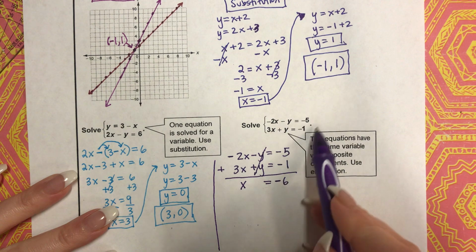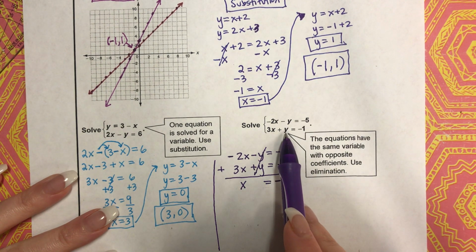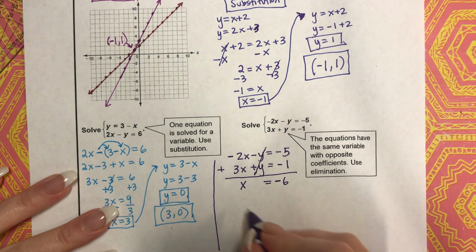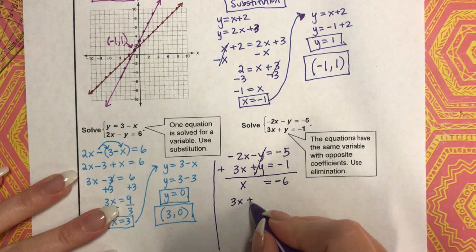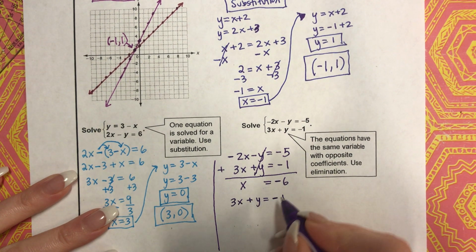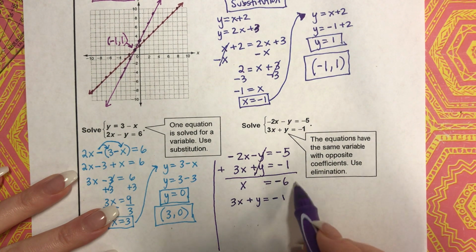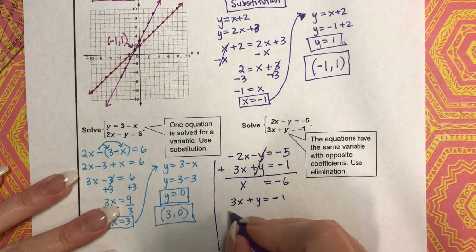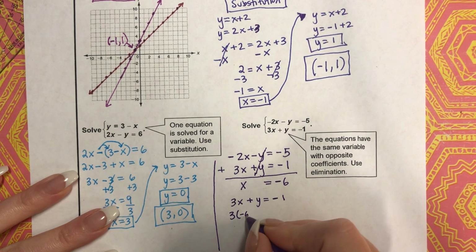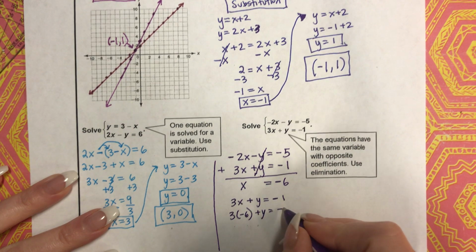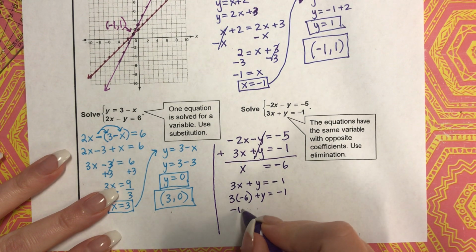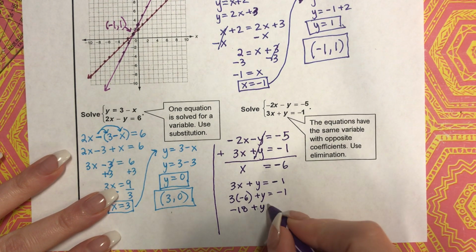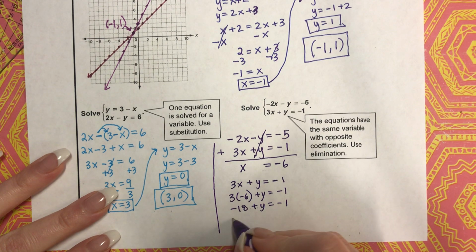And then we just need to substitute that into one of the equations. I'm going to choose the one that has y. So just go ahead and write that original equation here. 3x plus y equals negative 1. Substitute negative 6 in for x. And then what do we have? 3 times negative 6 is negative 18 plus y equals negative 1.